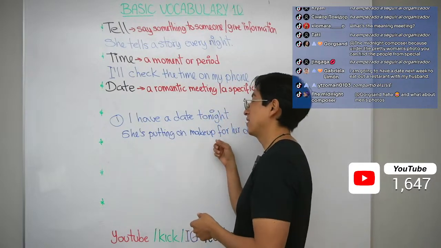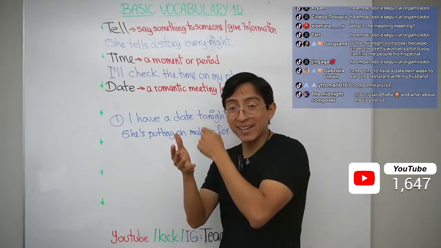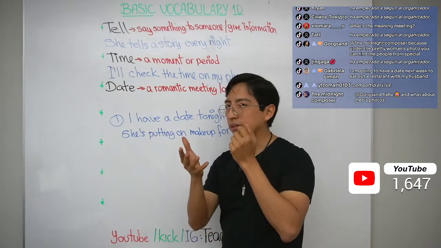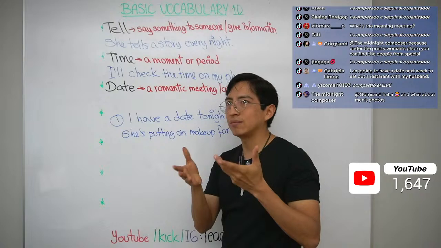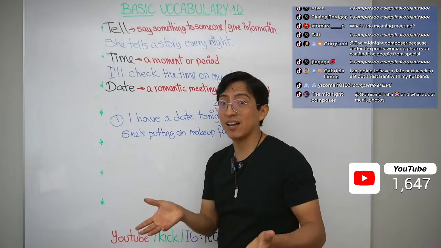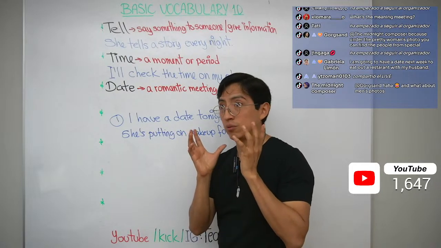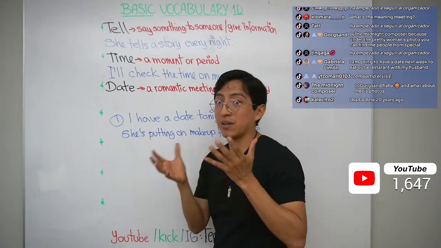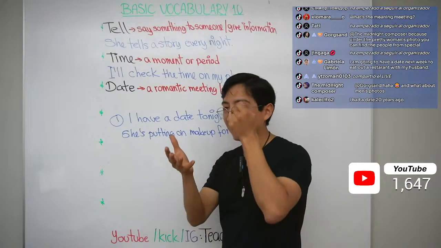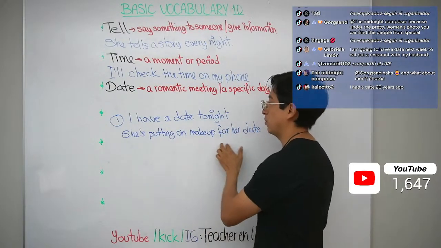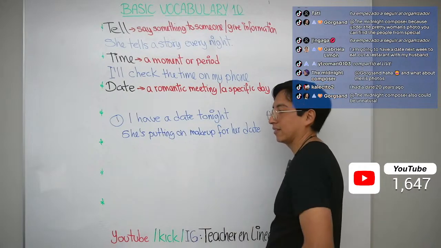So here, she's putting on some makeup, right? Yeah, some girls like to wear makeup, and it takes time. If you want to look very impressive, very beautiful, you need to take your time. So, she's putting on makeup for her date.